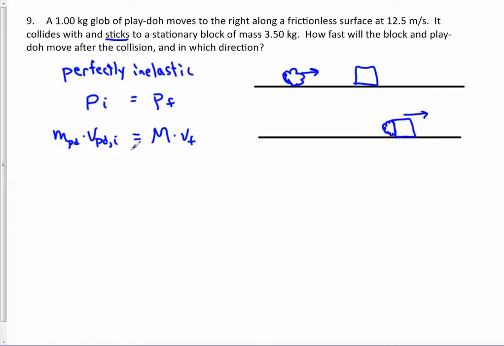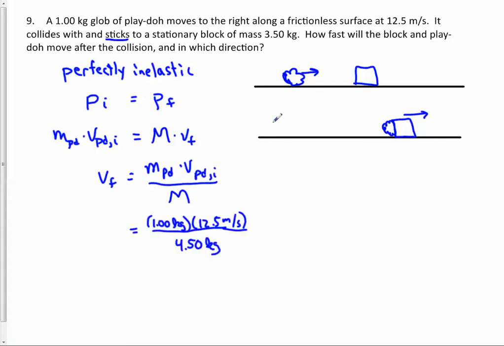All right, so here we go. We're solving for VF. So VF is the mass of the Play-Doh times the initial velocity of the Play-Doh, divided by the total mass. We plug in the numbers. I'm putting in a positive velocity for the initial Play-Doh velocity, 12.5.